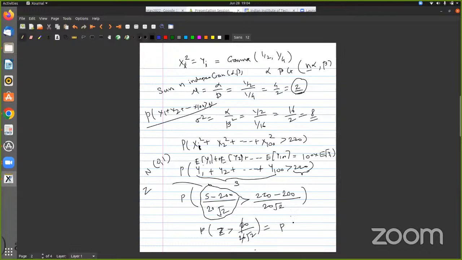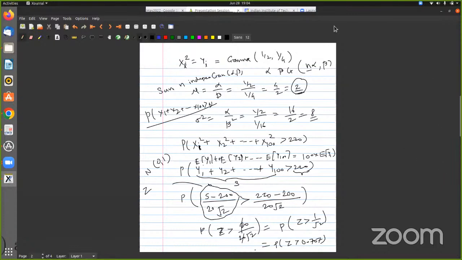The 20s get cancelled, so it will be the probability that Z is greater than 1 by root 2. Root 2 is 1.414, so 1 by root 2 is 0.707. So it is the probability that Z is greater than 0.707.